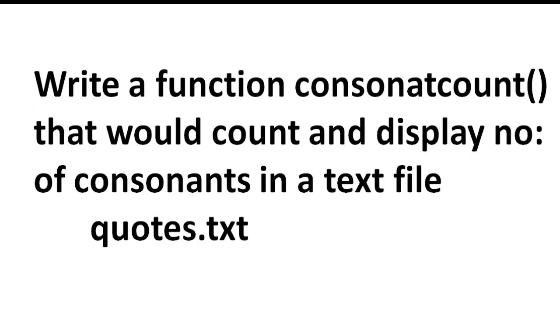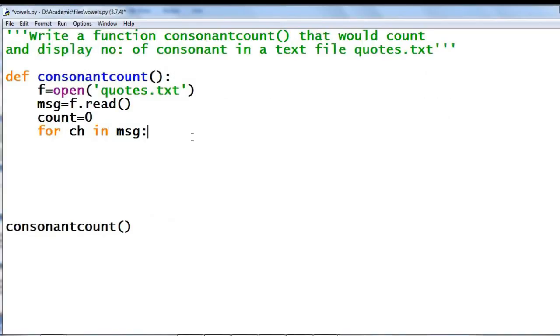Next question. Write a function consonant count that would count and display the number of consonants in a text file chords.txt. Similar program itself. We have seen how to count the number of vowels. The same method can be used for consonant count also, but it is difficult to write all the consonants in a string, so we are going for another method.